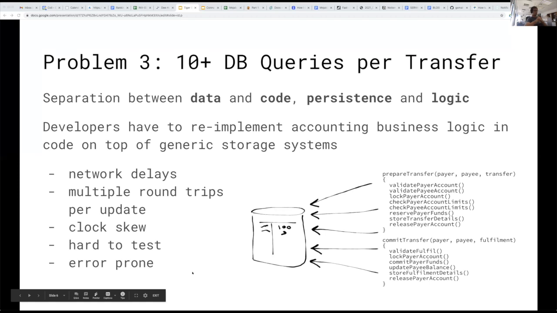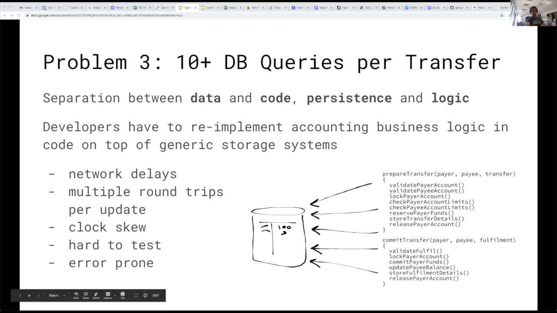It's obviously harder to test, although there's the argument that individual services are simpler and easier to understand. The end-to-end result of a transaction is passing through multiple systems and sometimes a little harder to test. And then, as I mentioned, error-prone.